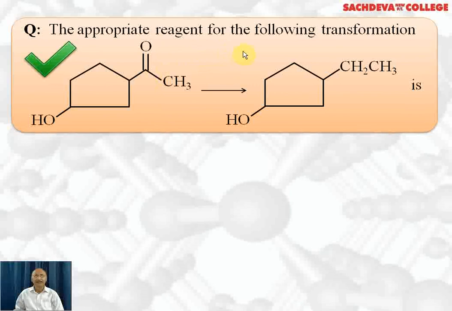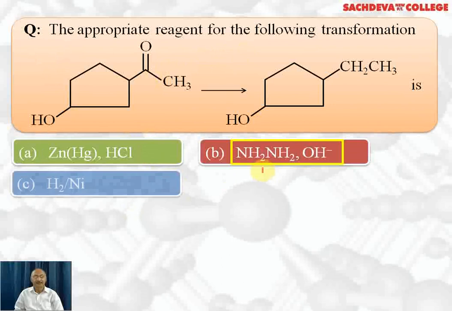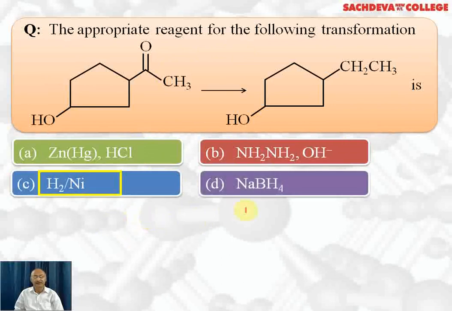The appropriate reagent for the following transformation: we want to convert the C=O group to a CH2 group. Options are zinc amalgam and HCl, hydrazine and OH ion, hydrogen and nickel, and sodium borohydride. Correct answer is hydrazine and OH ion, which converts the C=O group to CH2. Clemmensen reduction is not used. Why have we not used A?